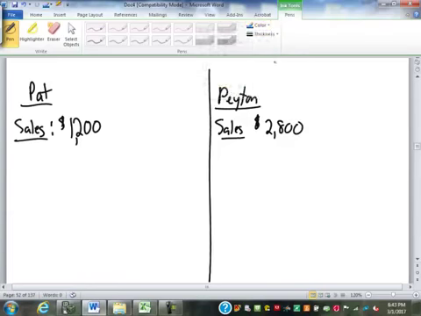Pat is in toys. And for last week, the mean sales for all people in toys was $2,100, with a standard deviation of $400.